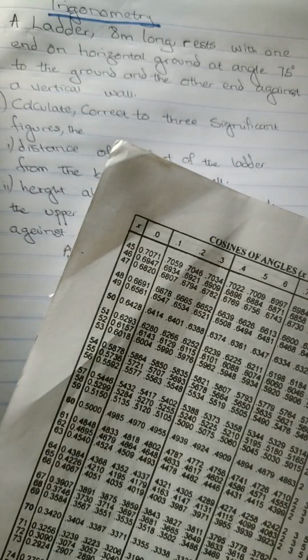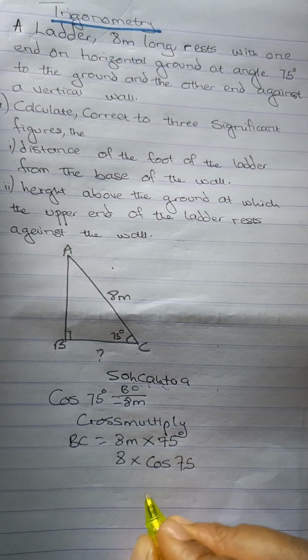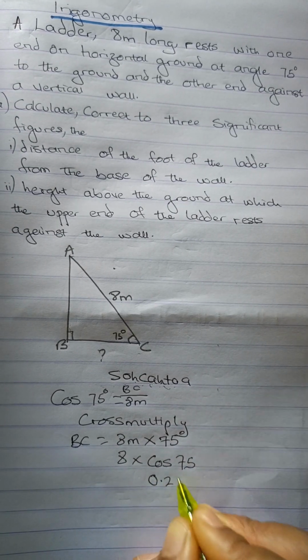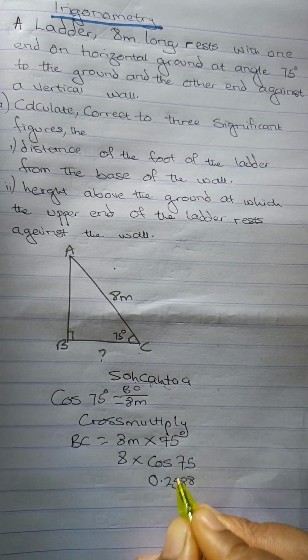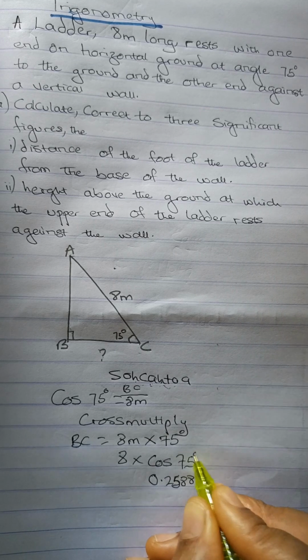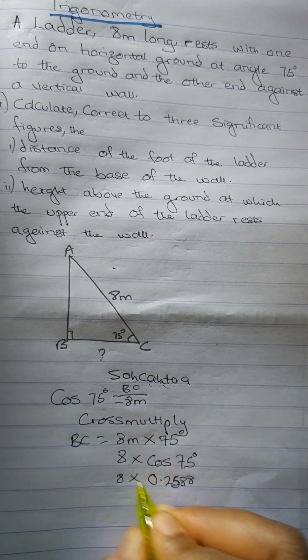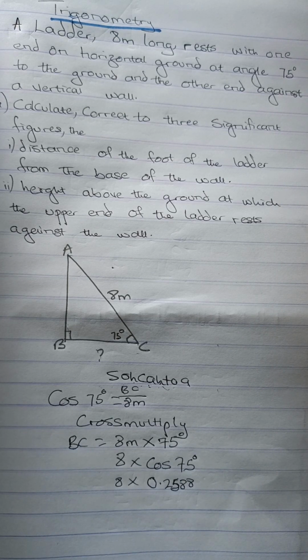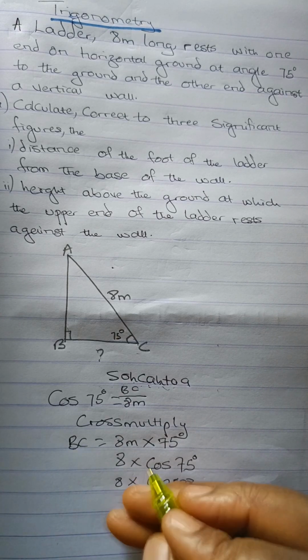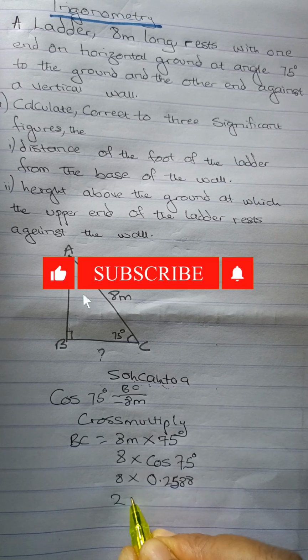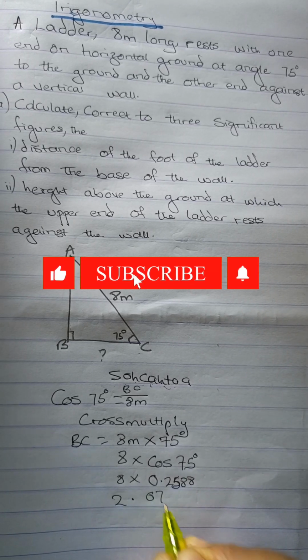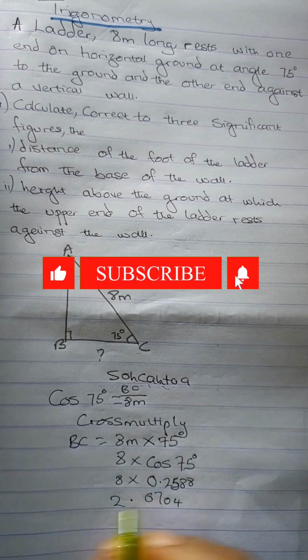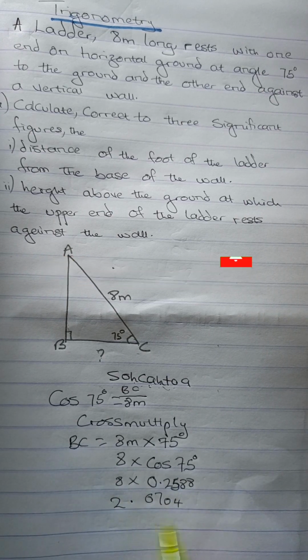So 0.2588 is what cos 75 is. Now 8 times this will give us 2.0704. When you multiply it, you will have this.